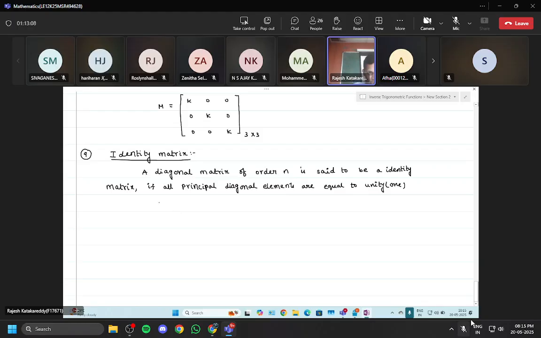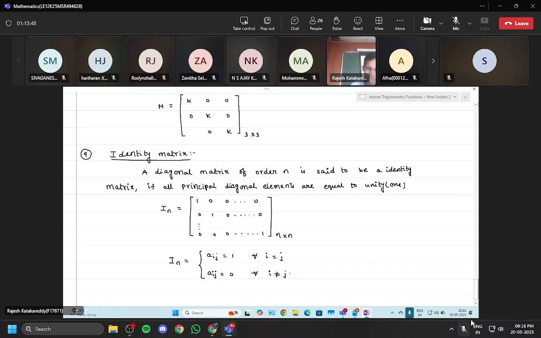So the identity matrix of order n, we denote with I n. So I n we write in this way: aij is equal to 1 for all i equal to j, and aij is equal to 0 for all i not equal to j.